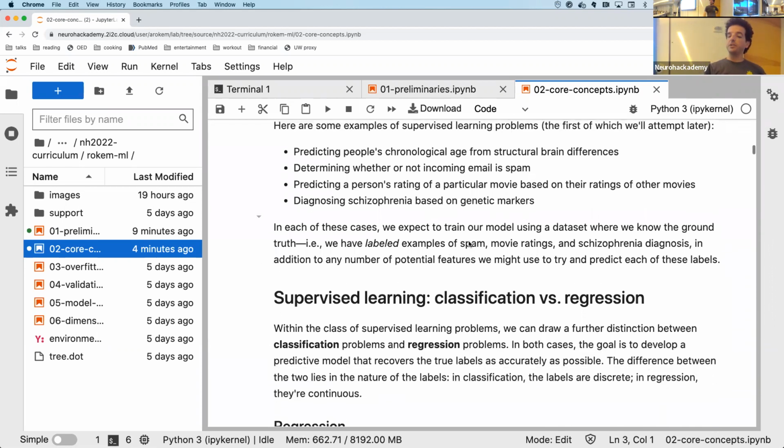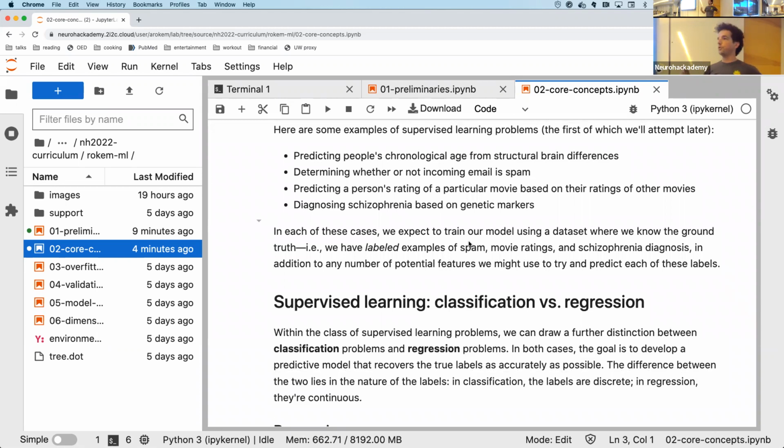Supervised learning breaks down further into two different kinds, and you might have already noticed these here. One is classification problems, the other is regression problems. In classification, we have discrete labels that we're trying to classify. Determining whether or not incoming email is spam is a classification problem. There's spam and there's not spam, and we're trying to say which is which, and those are discrete labels.